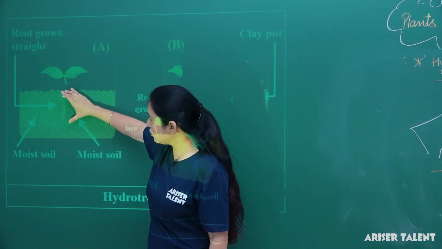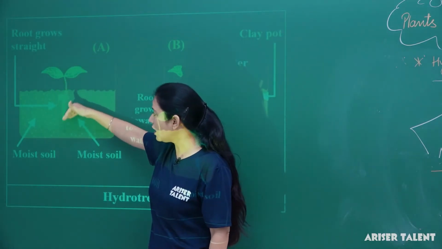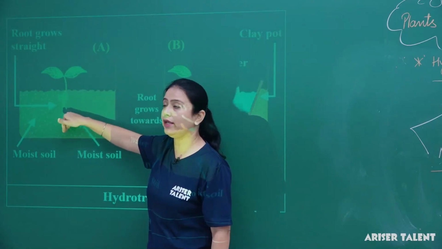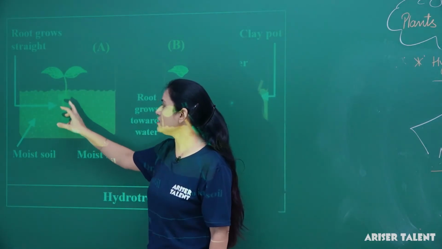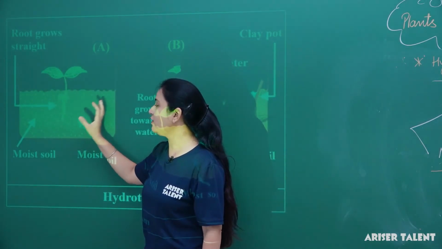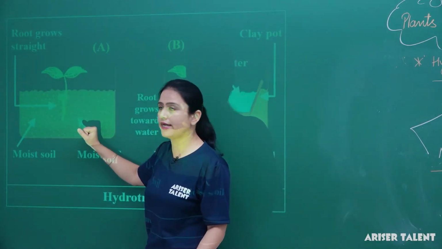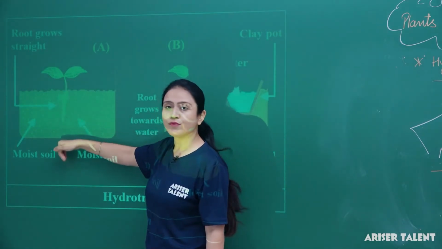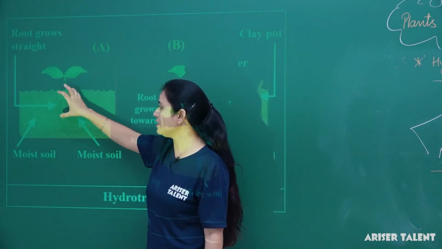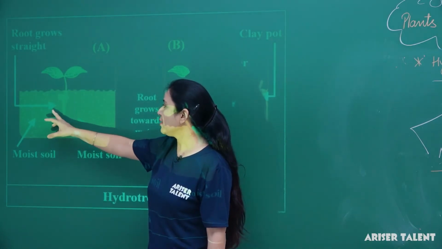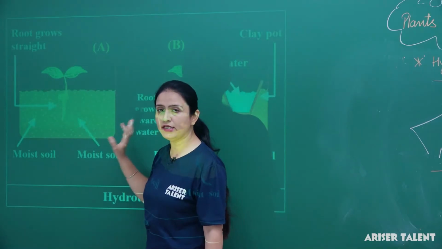We can see that the roots in glass A are growing straight, because they are getting moisture from all sides. So they are going towards gravity only.